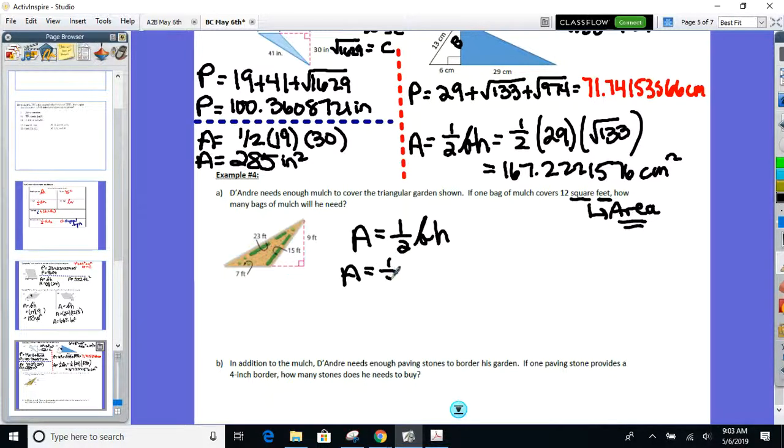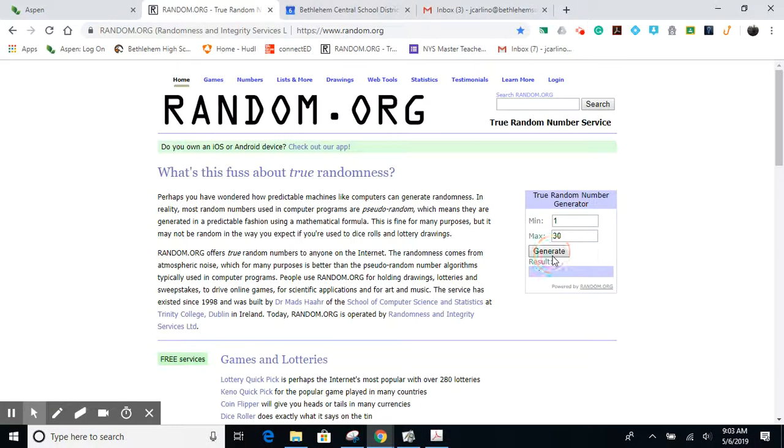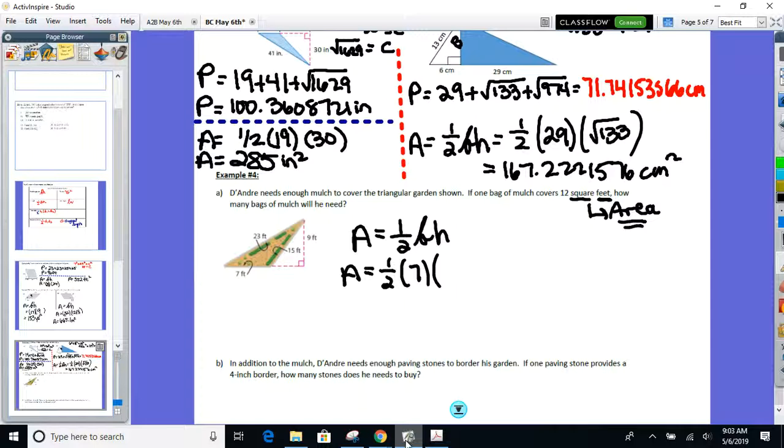Just 7. It's got to be a side in the triangle. And then if 7's my base, what height is drawn to it? 9. Look at that. Perfect timing. So we have an area of 31.5 square feet, correct?